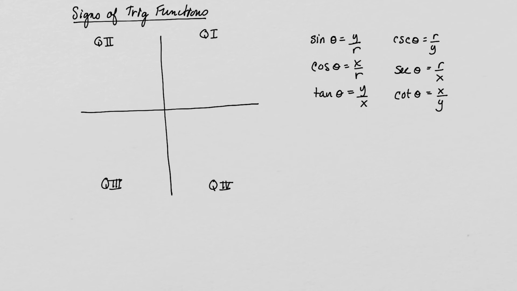In quadrant 1, the x's are positive, and also in quadrant 4, the x's are positive.